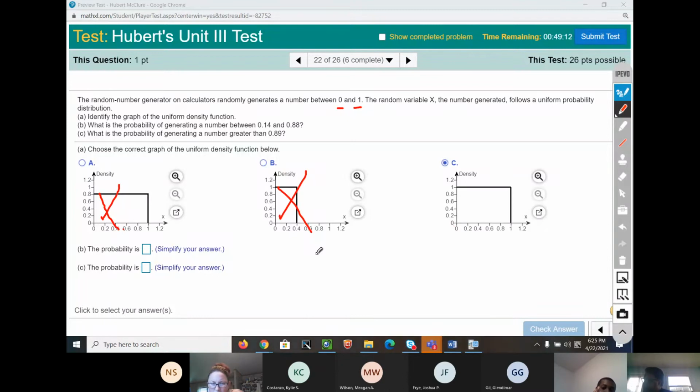I'm going to draw the rectangle, and then I'm going to do B and C. B says between 0.14 and 0.88, and C says greater than 0.89. 0.2, 0.4, 0.6. So that's what this looks like.